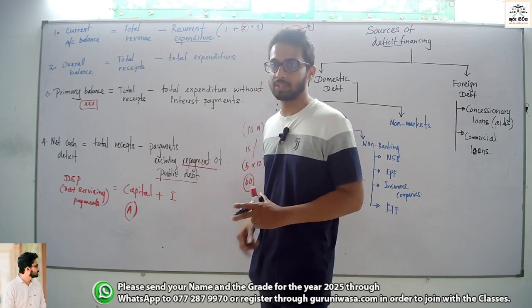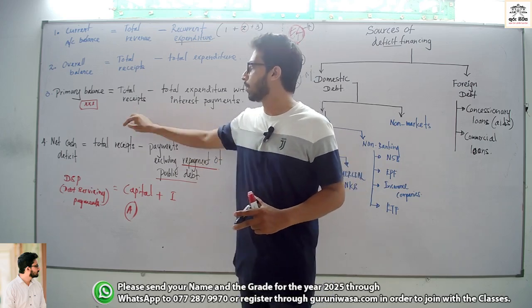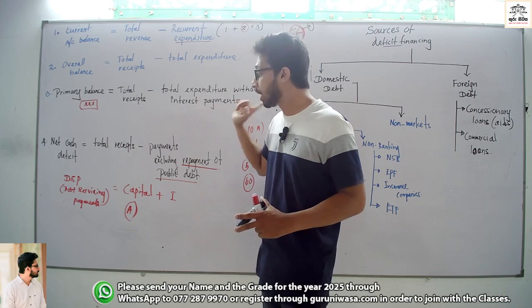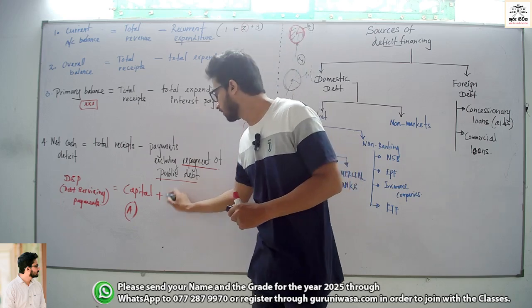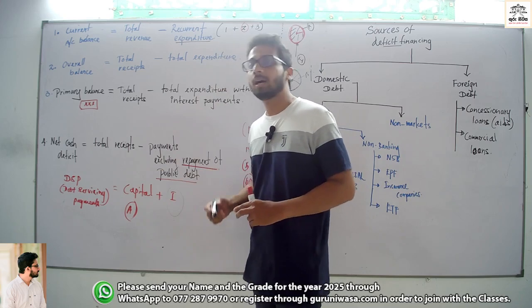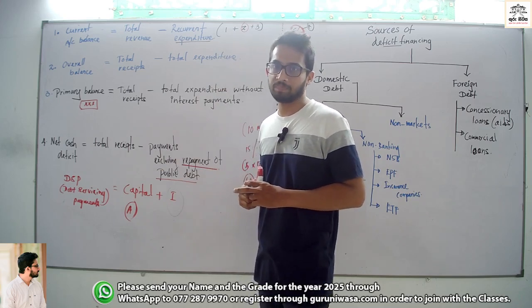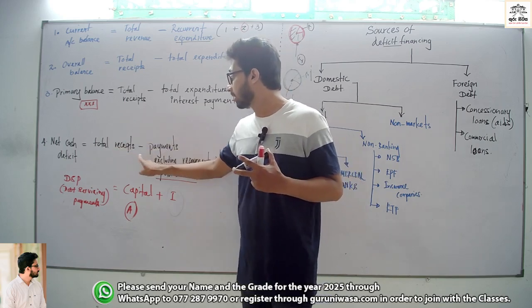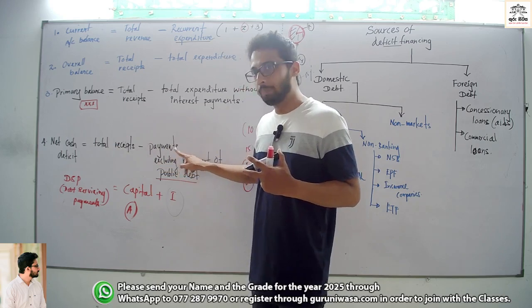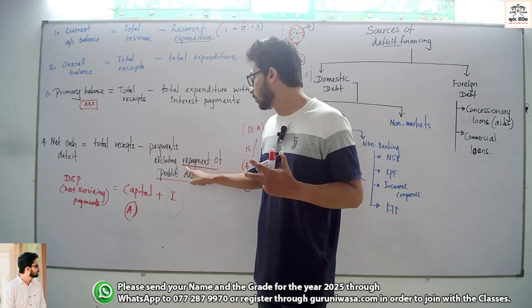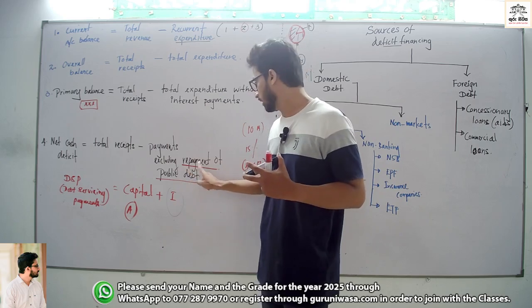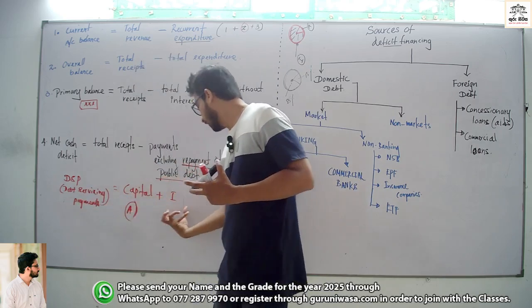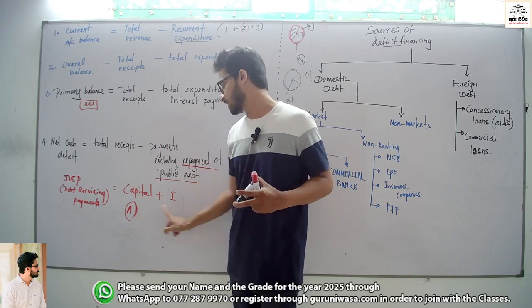When calculating primary account balance, it is total receipts minus total government expenditure, excluding only the interest part which is included in debt service repayment. But when calculating net cash deficit, it is total receipts minus total payments, where repayment of public debt means capital amortization plus interest.